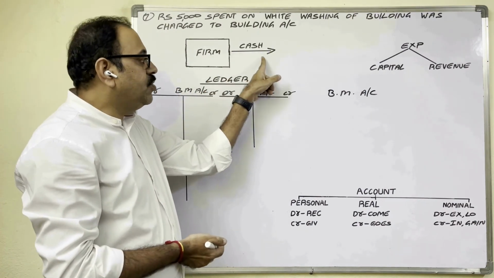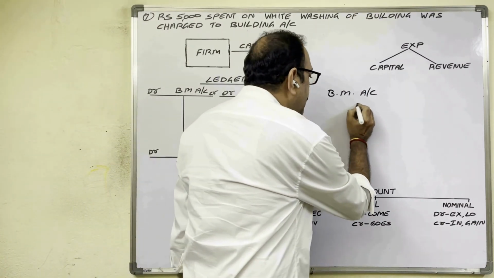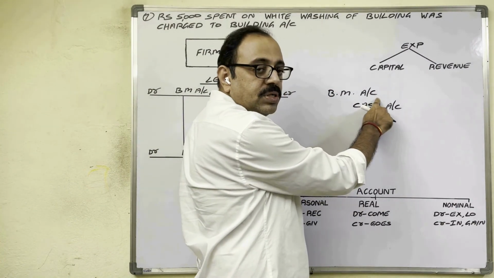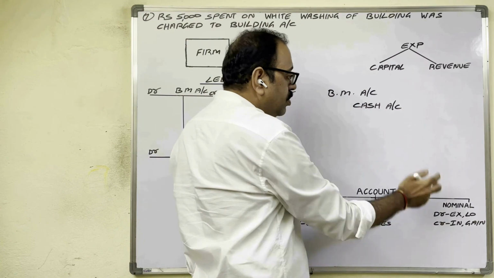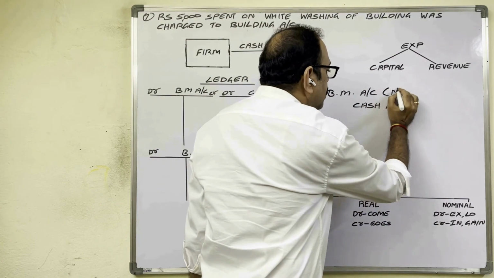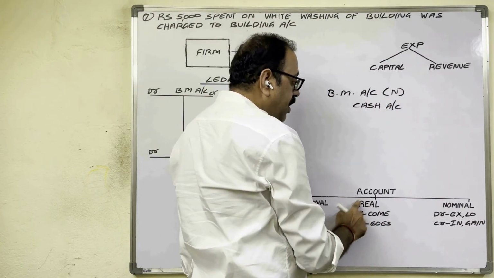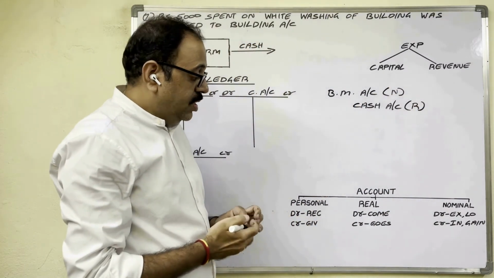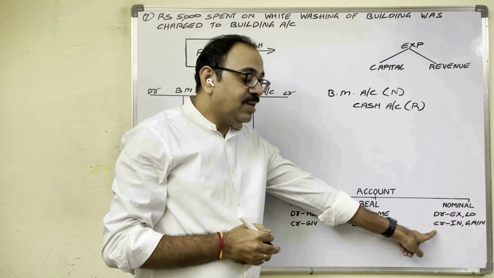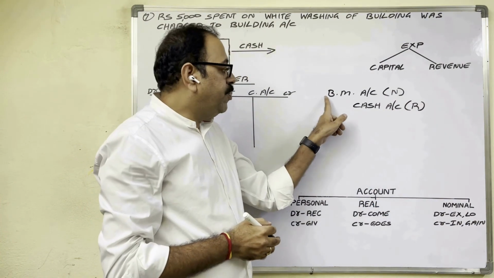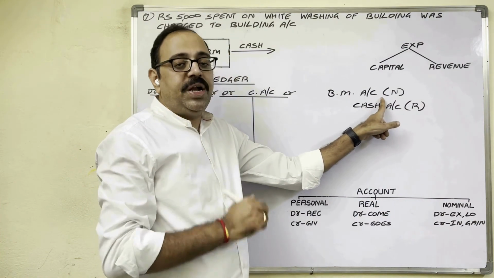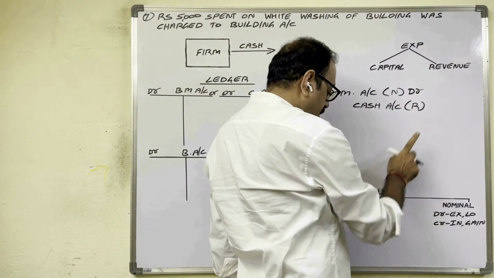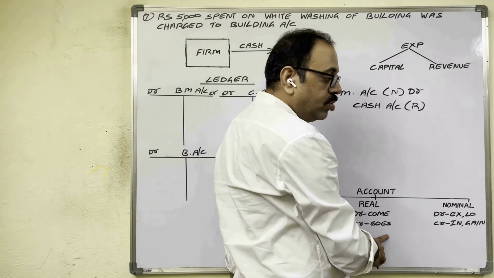From the firm cash is going, therefore the second account is cash account. Building maintenance account is an expenditure, so it is a nominal account. Cash account is an asset, therefore a real account. Nominal account rule: debit all expenses and losses, credit all incomes and gains. Building maintenance account is an expenditure, so it should be debited. Real account rule: debit what comes in, credit what goes out.